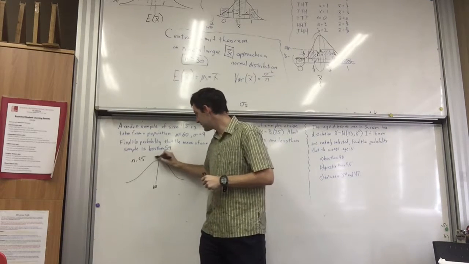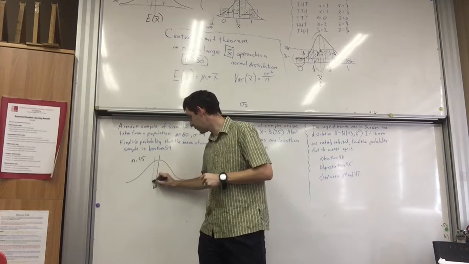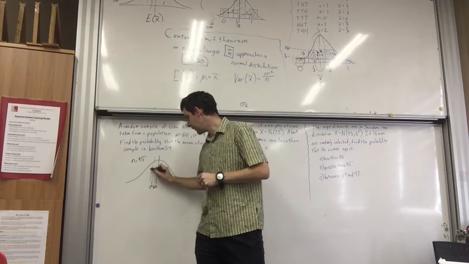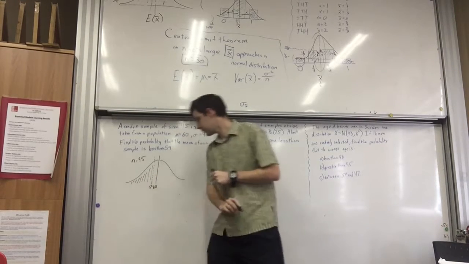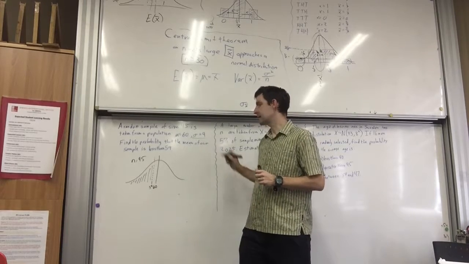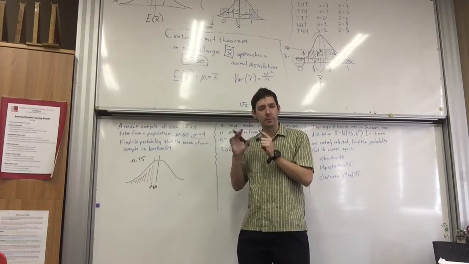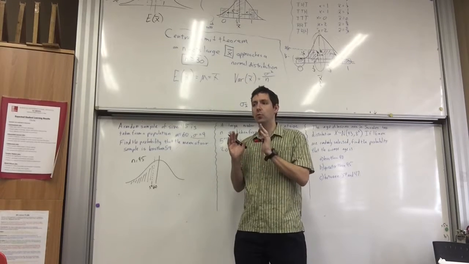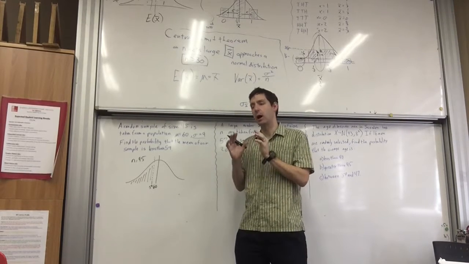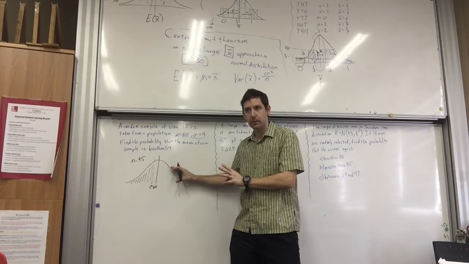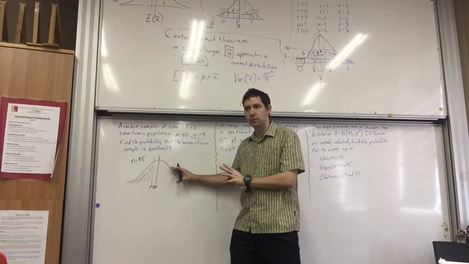So the question is, what's the probability that I'm going to get an answer less than 59? Now, this is the standard deviation of the population. That's not what I want right now. I want the standard deviation of my sample. So how do I get that?